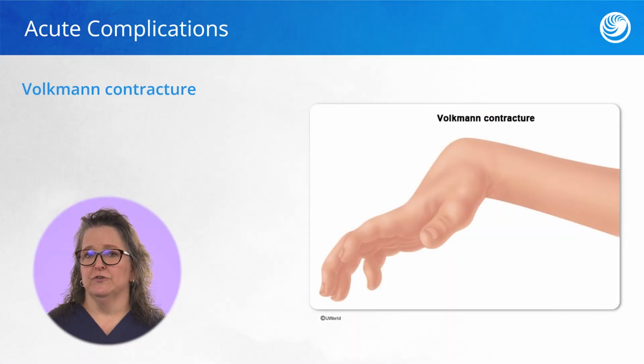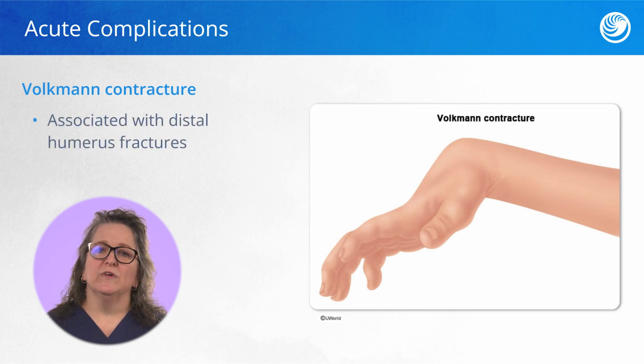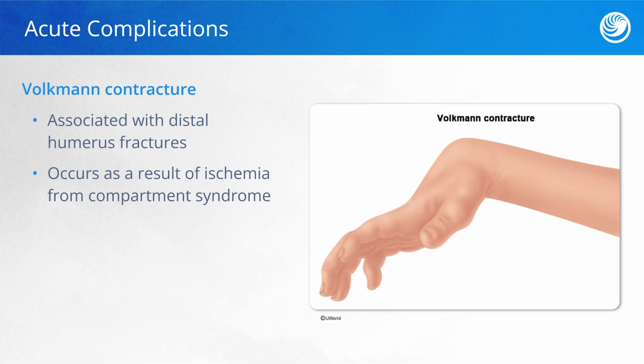Volkmann contracture. This is associated with distal humerus fractures and affects the hand, wrist, and fingers, as seen here in the image. It occurs as a result of ischemia from compartment syndrome, the arterial blood not reaching the hand and lower arm. No blood flow means no oxygen, leading to ischemia.